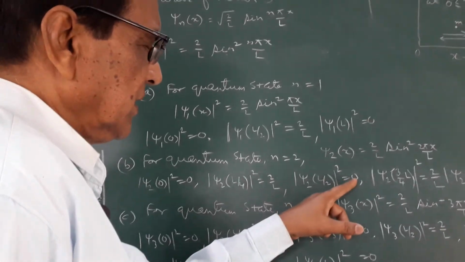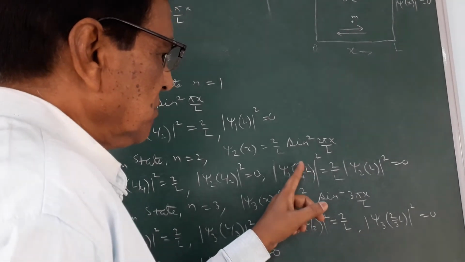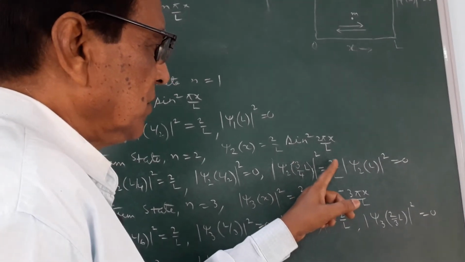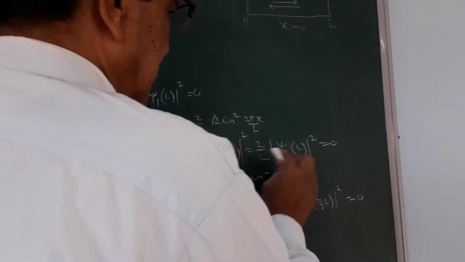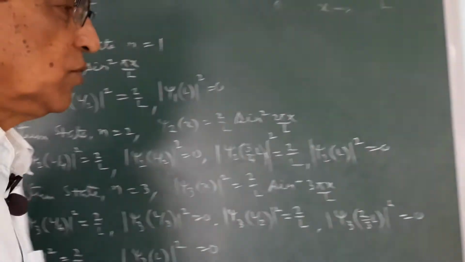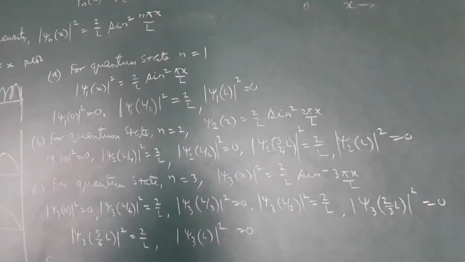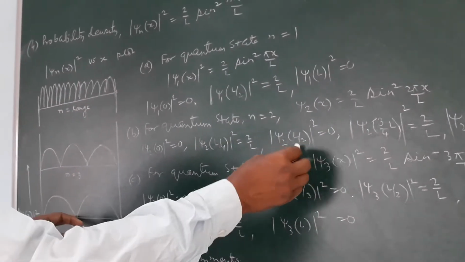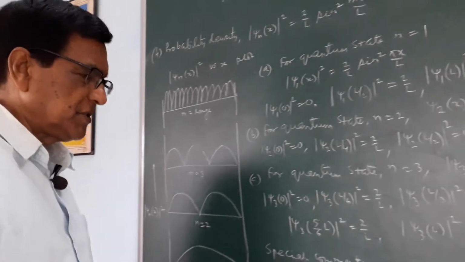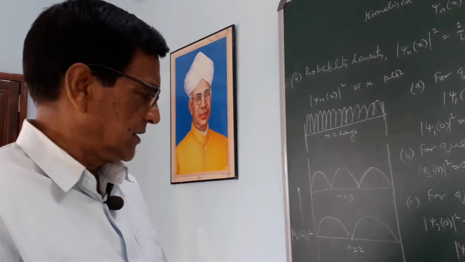This is also a node. When x equal to 3 by 4 L, again it equals the maximum 2 by L, and when x equal to L, again it equals 0. So in this case there is one point, L by 2, at the middle of this box, where there is no chance for the particle to be found.